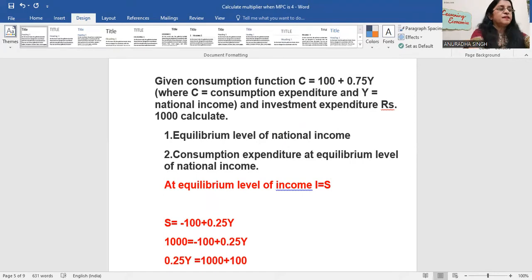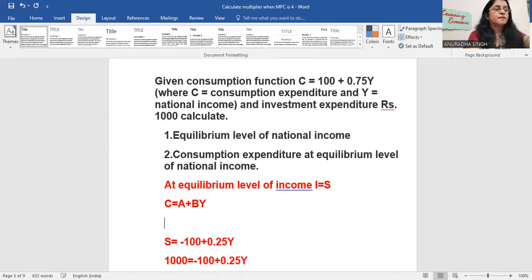See, C is equal to the consumption function. The consumption function is equal to A plus BY, whereas for the saving function, it becomes minus A plus 1 minus B, Y. Now you can see these values are according to the consumption function.